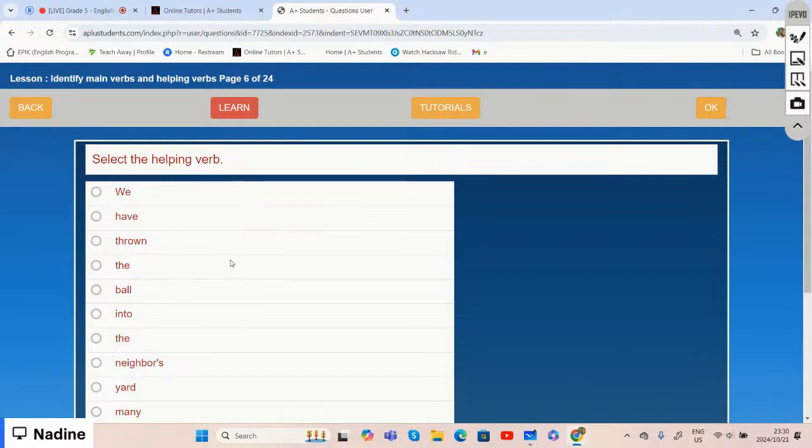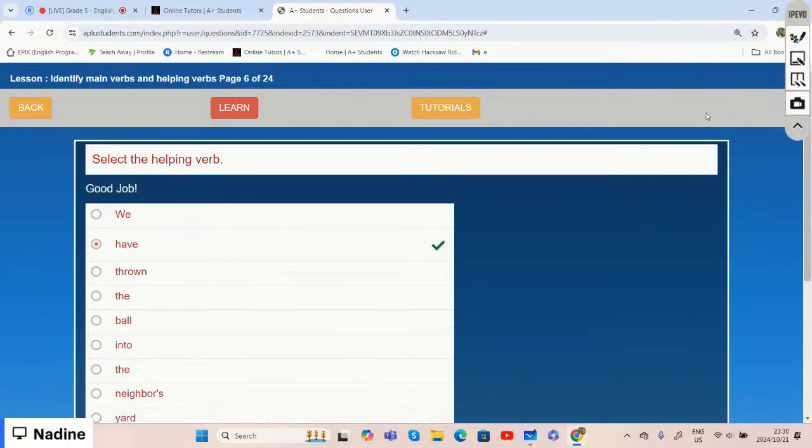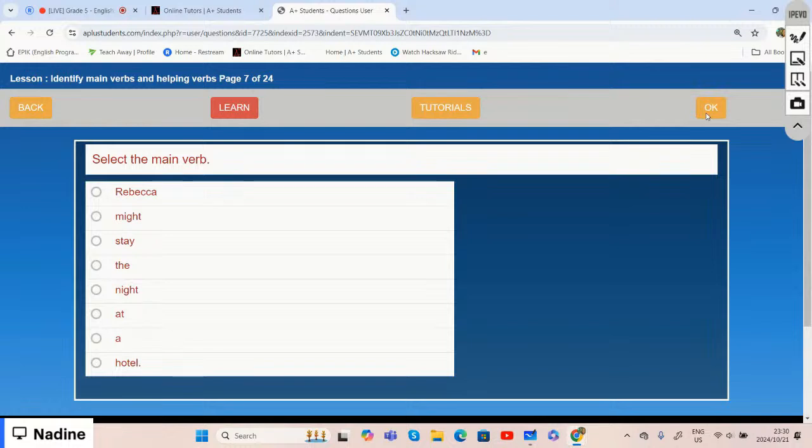So we can say thrown is the action. We said the main verb is thrown, and the helping verb is have. So well done. Yes, thrown is correct.